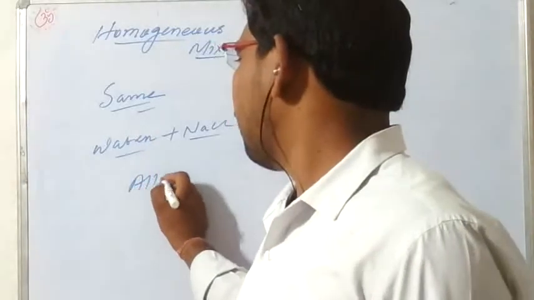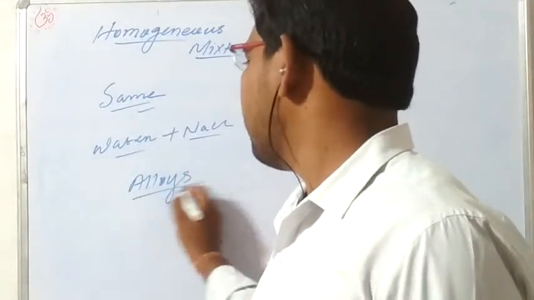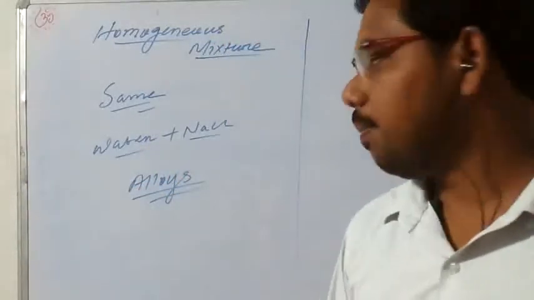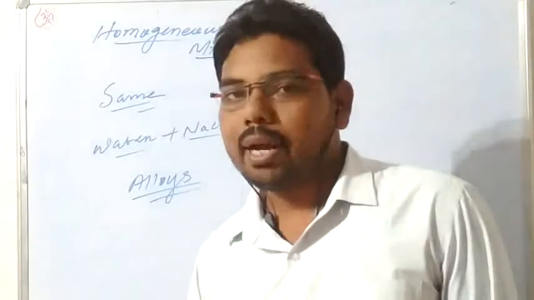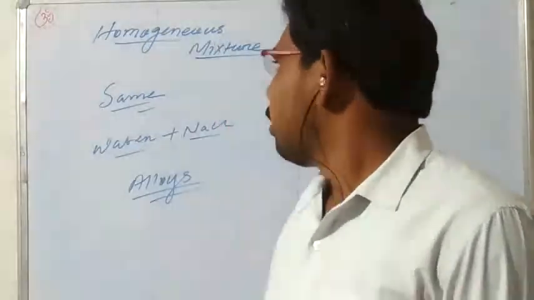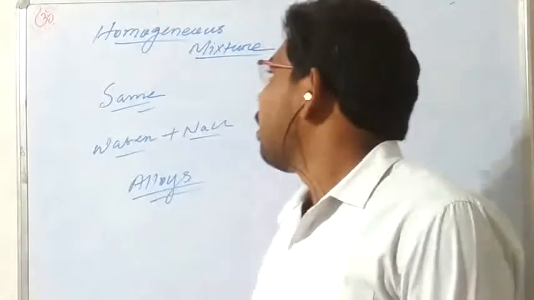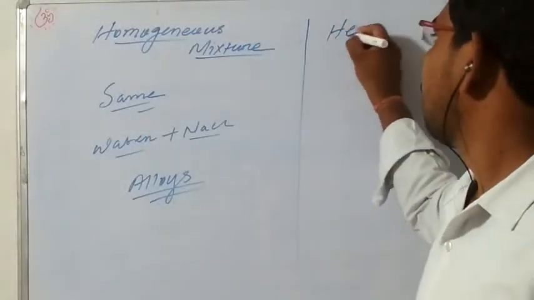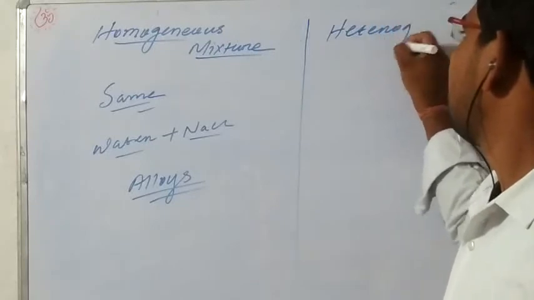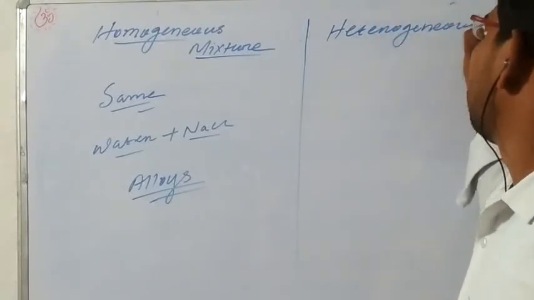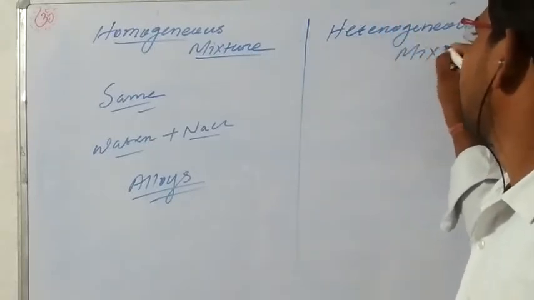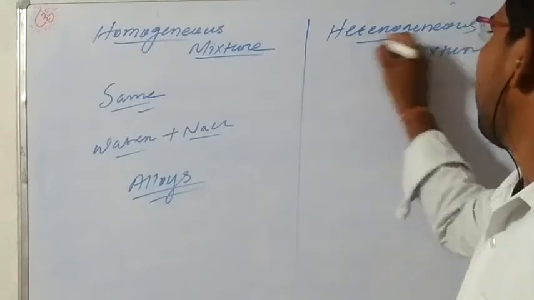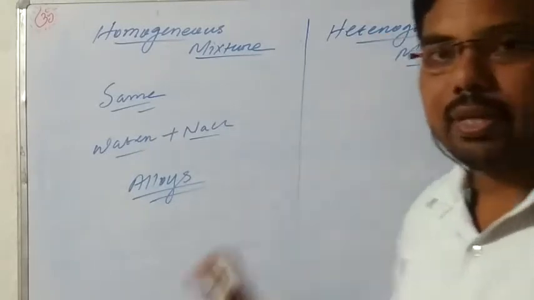Alloys are mixtures of metals, or of metals and non-metals. Brass, bronze, these are examples of alloys, and all are homogeneous mixtures. Next are the heterogeneous mixtures. Hetero means different, so they have different compositions.